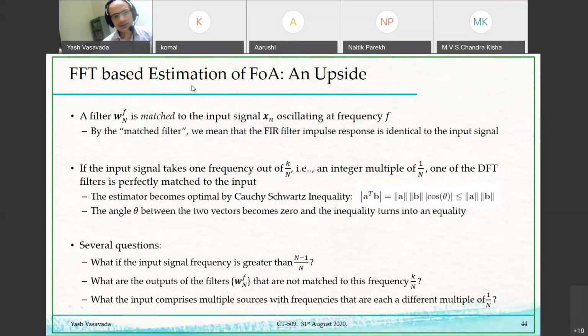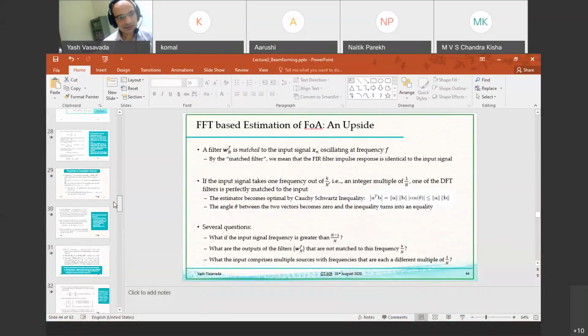What is going on in this FFT based estimation of frequency of arrival? Well, this W n of f is matched to the component of the input signal x of n which is oscillating at frequency f. Remember that we have shown earlier that this filter, maybe I should just quickly go to that slide.